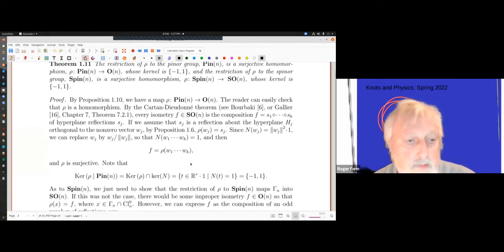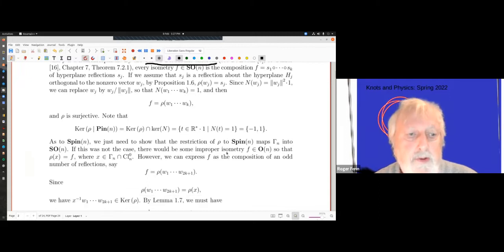So this is quite a deep theorem. Does anybody know the proof? Anyway, that's why it's surjective.